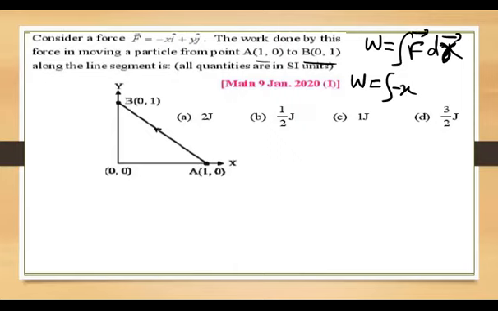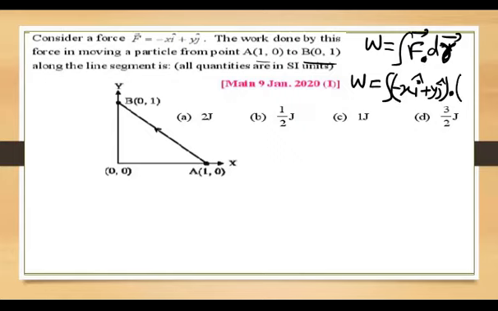Now the dr can be replaced as dx i cap plus dy j cap only. Here F is equal to minus x i cap plus y j cap, that is given, dot, because it is equal to F dot dr. Integration of F dot dr is work done.